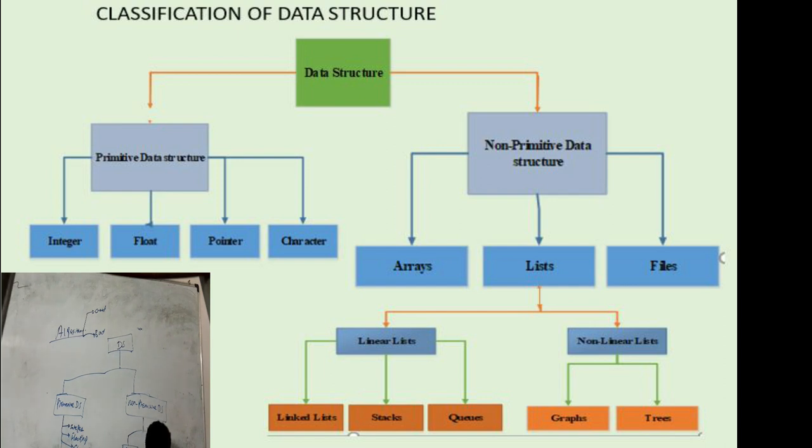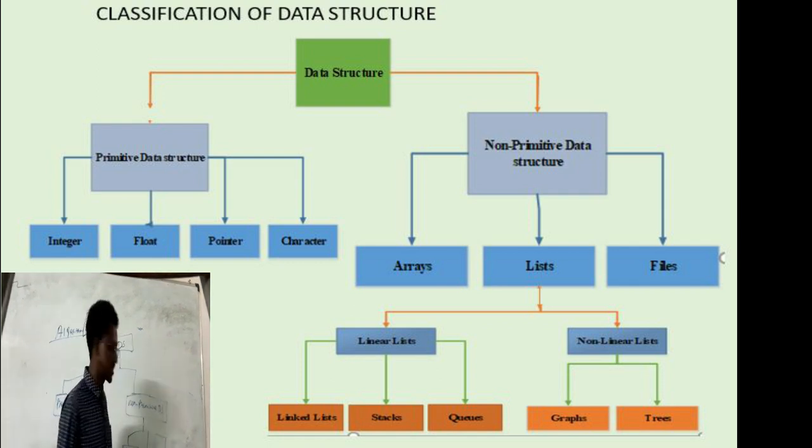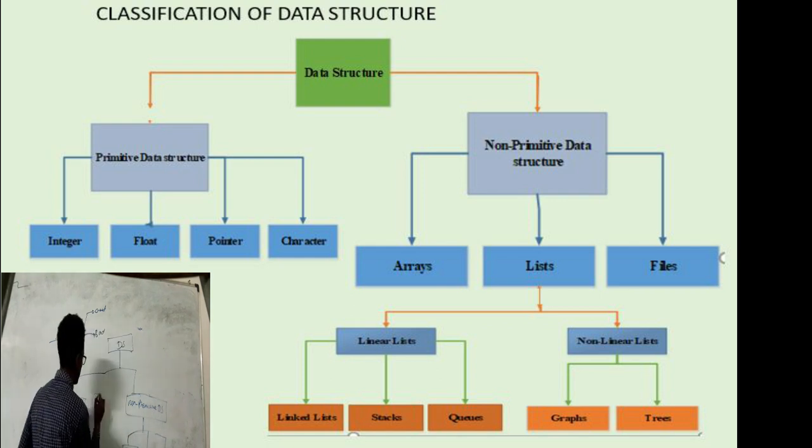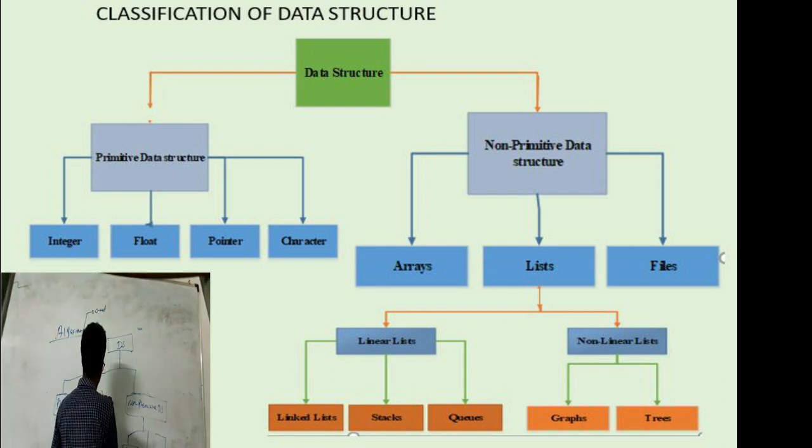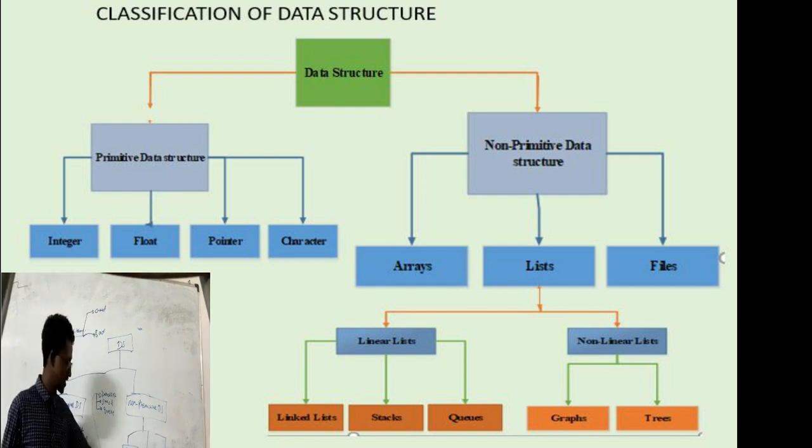And the linear data structure contains linked list, stack and queue. These are the three linear data structures.